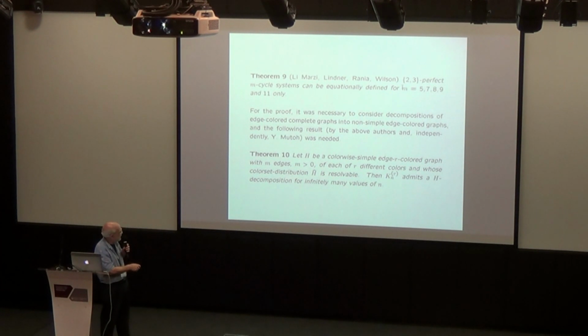Yes, if the color set distribution, or color set hypergraph, which means the same, is resolvable, then you can partition, decompose this edge-colored complete graph for infinitely many values of n. This condition, resolvable, when this hypergraph is a graph, is the same as saying it has a 1-factorization.